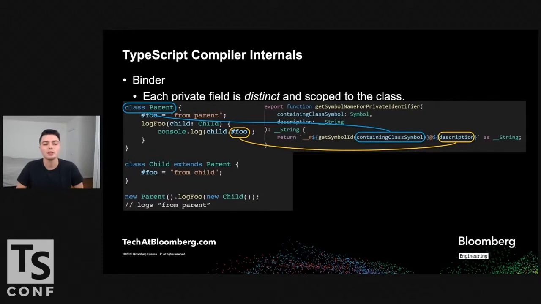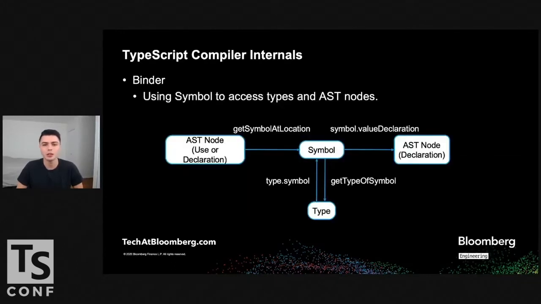So when we have an instance of the child class, we can determine whether it has the #foo property from the child, the #foo property from the parent, or both. A lot of the compiler's code is moving around between nodes, symbols, and types. The binder sets up all this information, and this diagram shows us exactly how to move between these types.